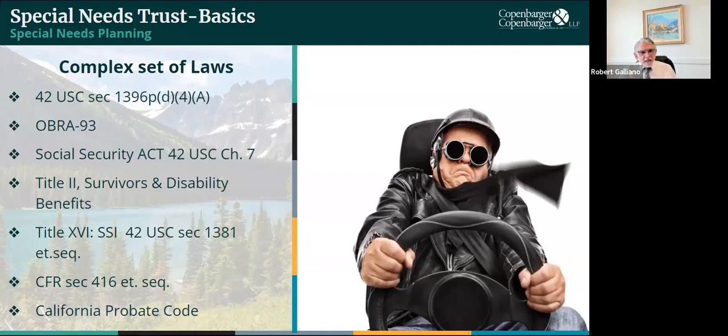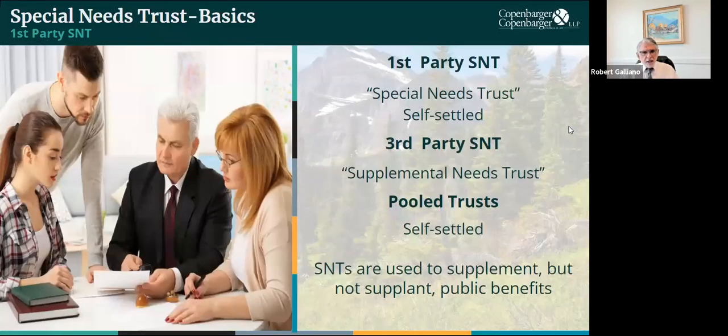And it is a web of laws that we have to understand and be totally familiar with so that we can prepare the various types of trusts for our beneficiaries. The complexity of these laws is manifested and used in the creation of various types of trusts.